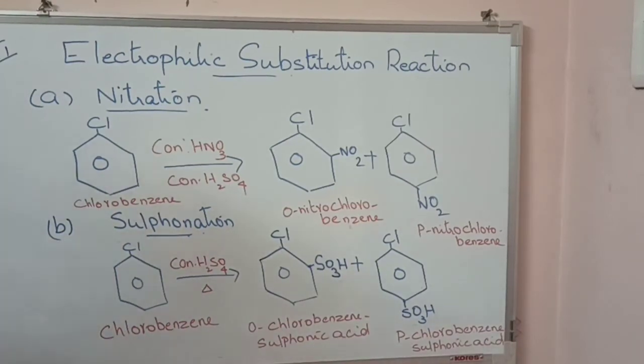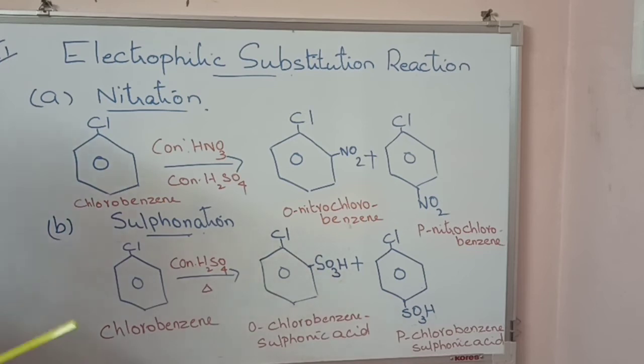Third type of reaction is electrophilic substitution reaction. What are electrophiles? Yes, electron loving species are electrophiles. That means they are electron pair acceptors. So the substitution reaction carried out by this electrophile is called electrophilic substitution reaction.